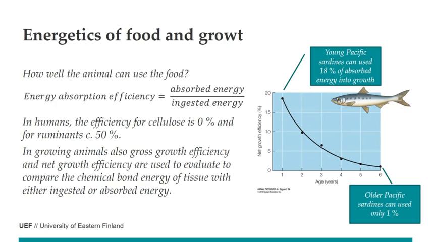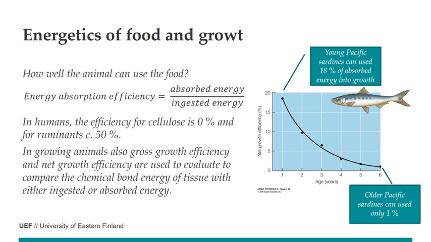Okay, then the energetics affects food use and growth. How well the animal can use the food, we can calculate by dividing the absorbed energy by the ingested energy. So we humans, when eating cellulose, about 0% is absorbed. But in ruminants, like a cow, about 50%, because the other 50% is consumed by the bacteria.